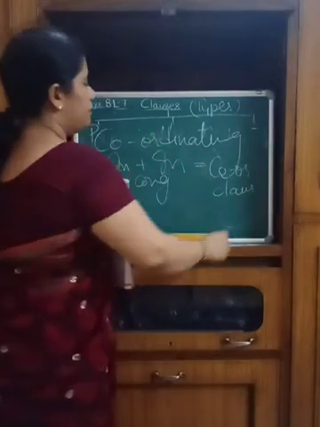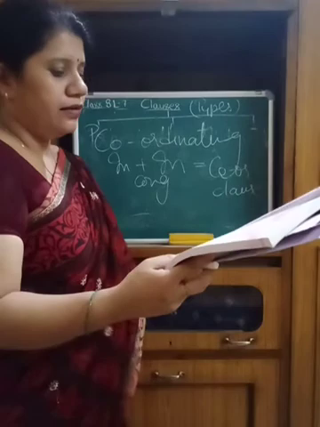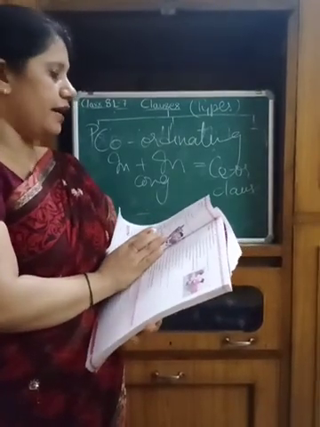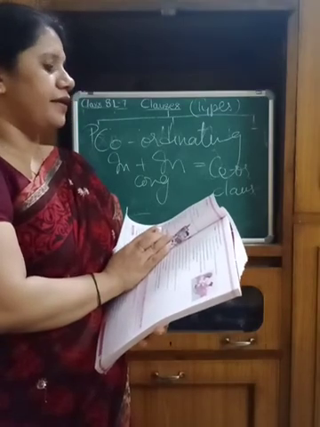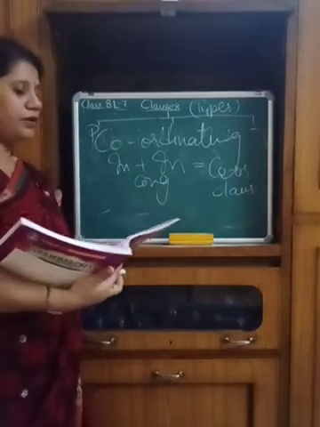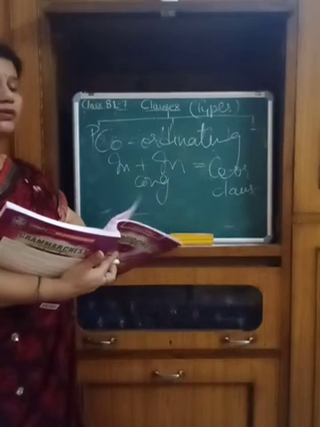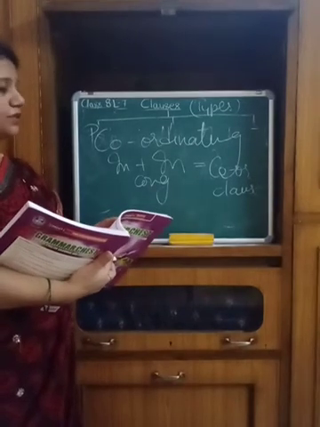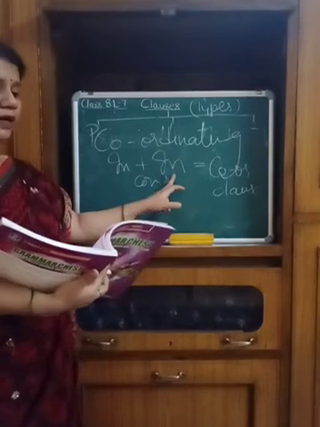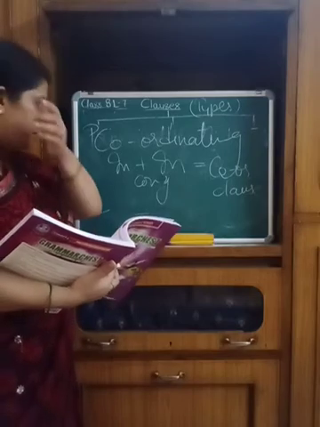Let's see with the help of the example given in your book: I like music and I enjoy spending time with friends. See here, I like music is one sentence. It doesn't need any other clause or group of words. Then the conjunction is there, and then one more independent clause: I enjoy spending time with friends.